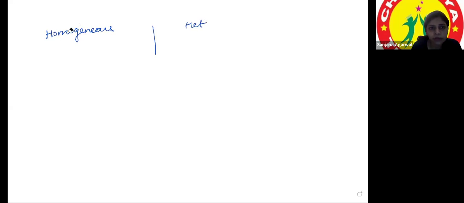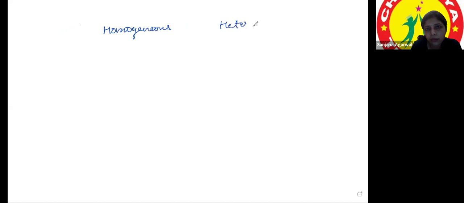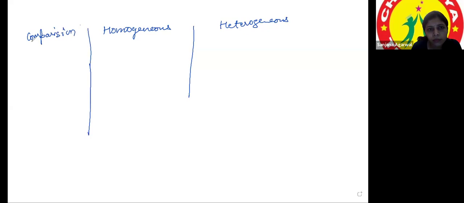Give me a minute. I'll tell you the properties on the basis of which you have to write. So first comparison was based on composition.